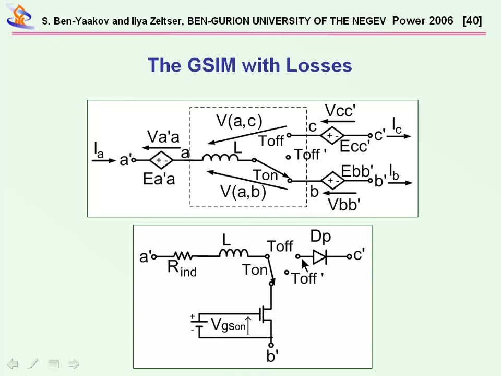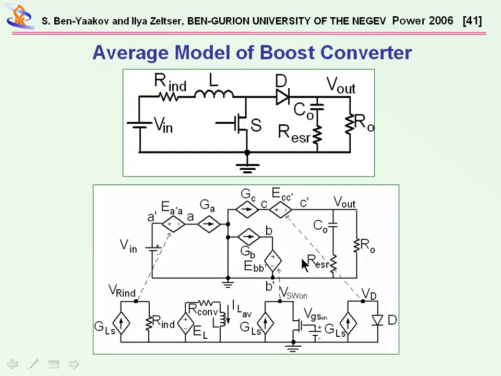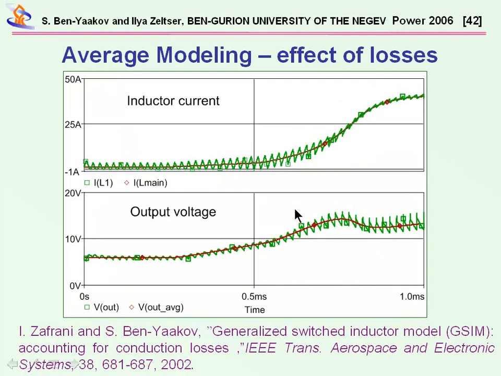Without going into the details, we take the switch part represented by a continuous part which has some dependent current sources. We look at the voltage drops on the diode and the transistor for generating losses, which are put here as series voltage drops, and the result of a modified model like this is shown here.